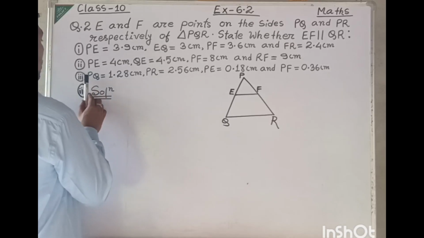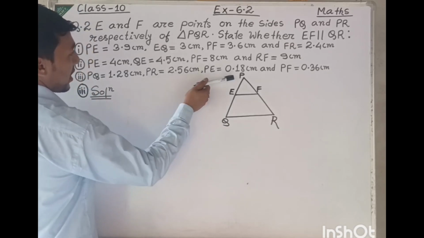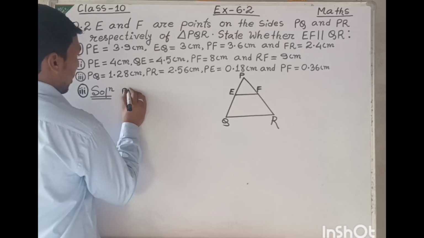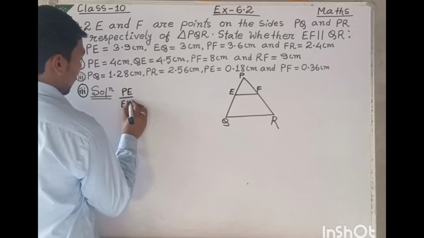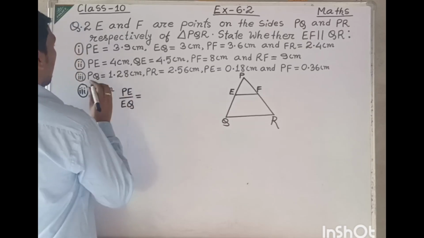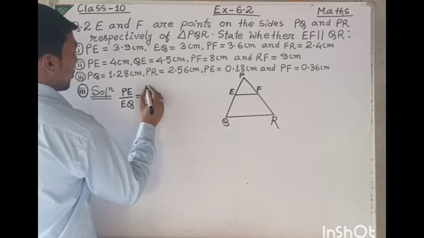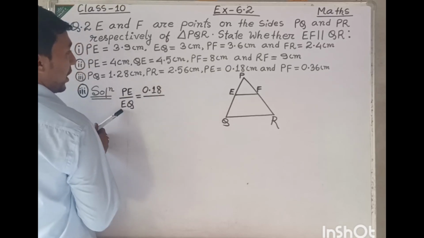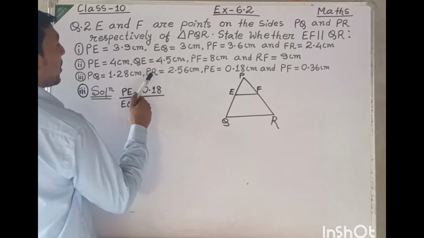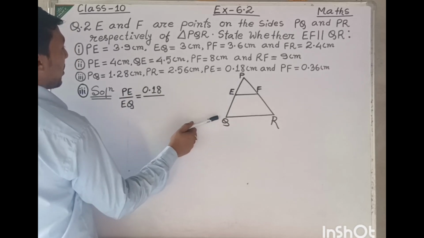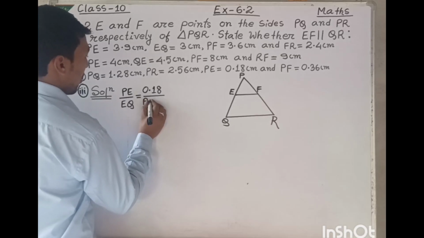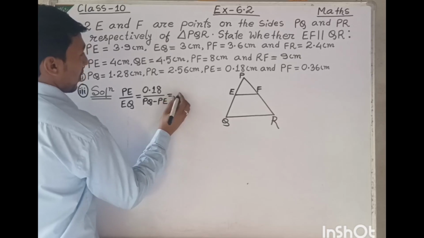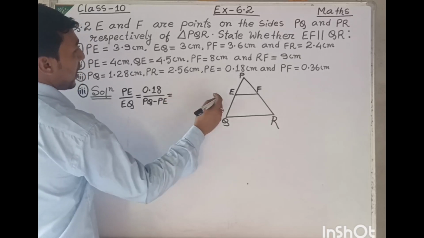Now we'll do question number 3. Exactly in the same way we will compare this ratio. So PE by EQ. Here the PE value given is 0.18 by EQ. The EQ value is not given in our question, but the PQ value is given here. So if I do PQ minus PE, then I'll get the EQ value.